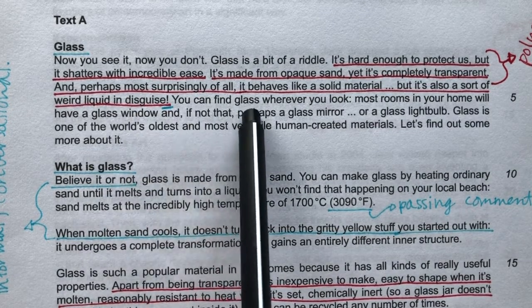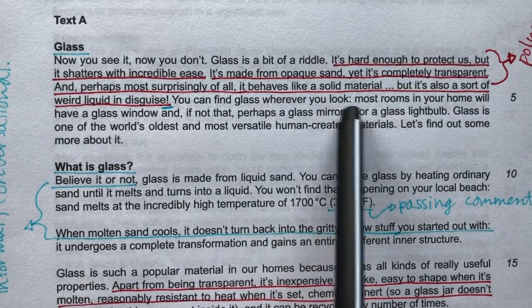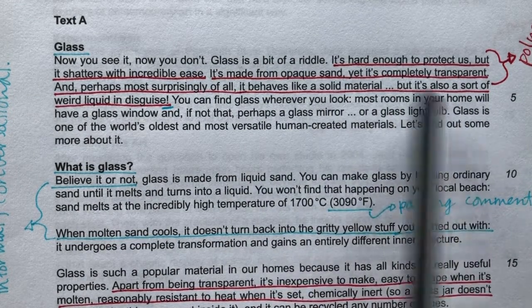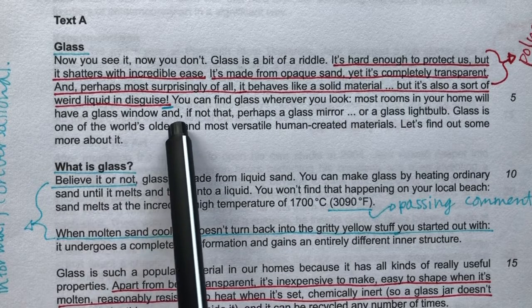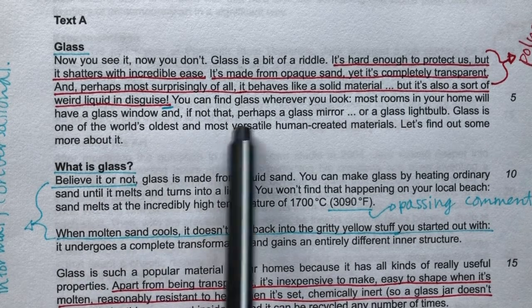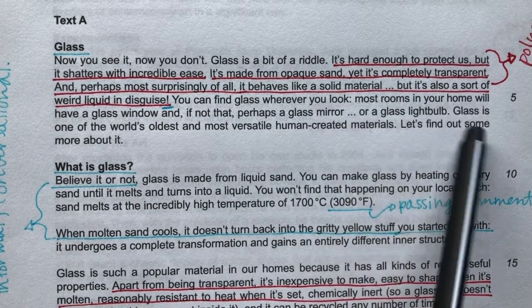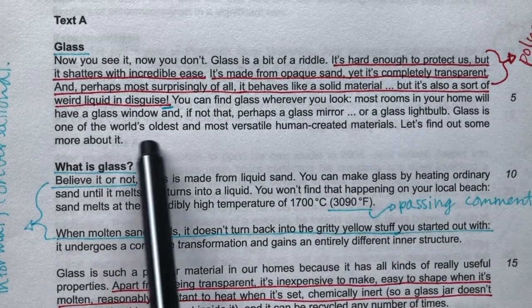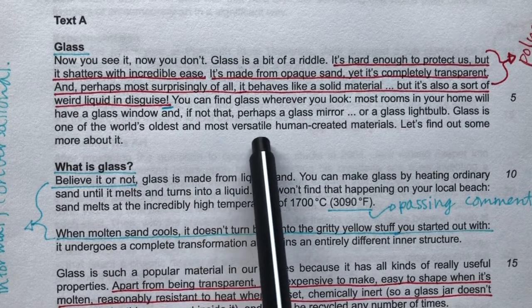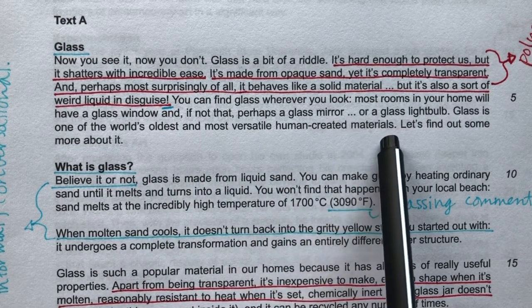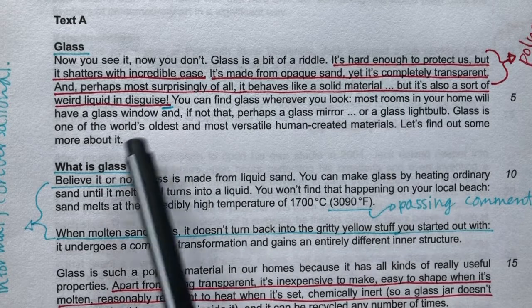You can find glass wherever you look. Most rooms in your home will have a glass window, and if not that, perhaps a glass mirror or a glass light bulb. Glass is one of the world's oldest and most versatile human-created materials. Let's find out some more about it.